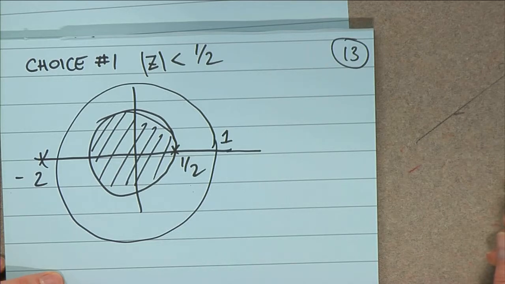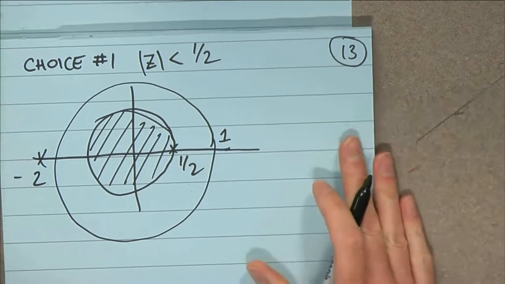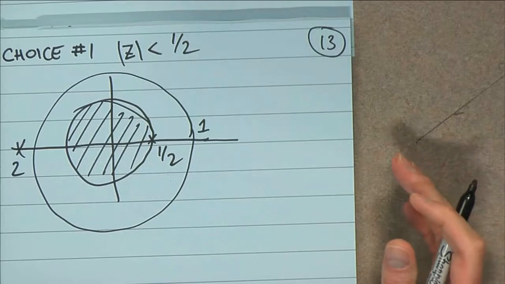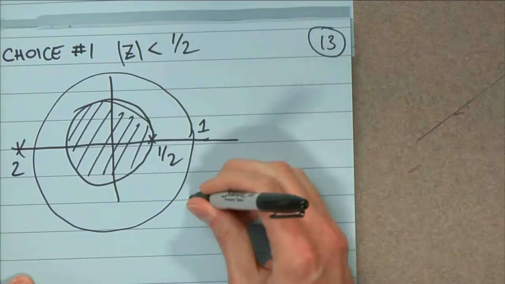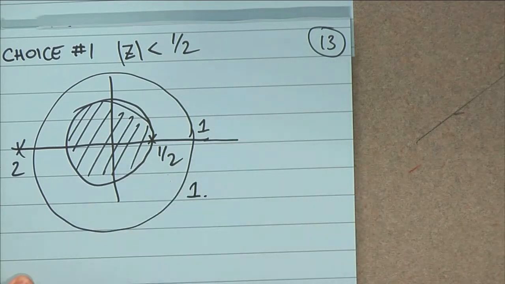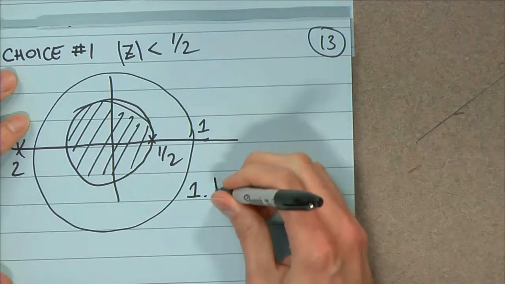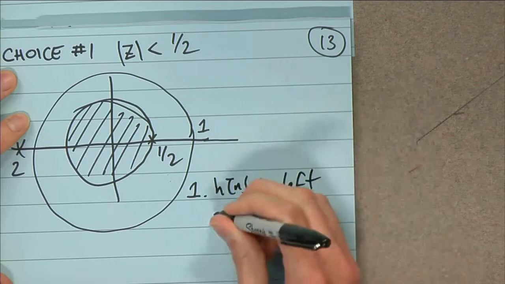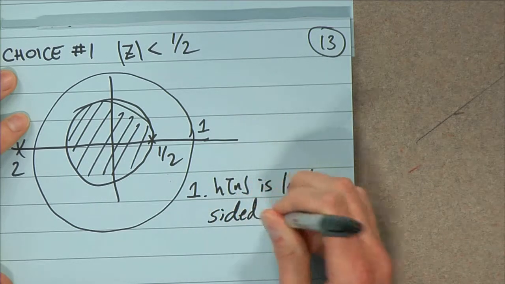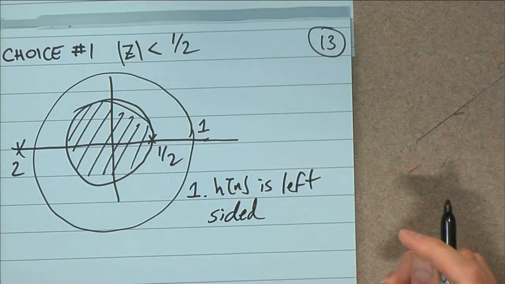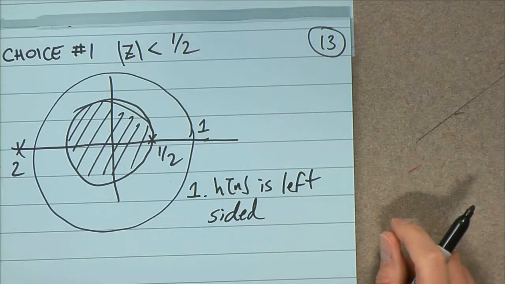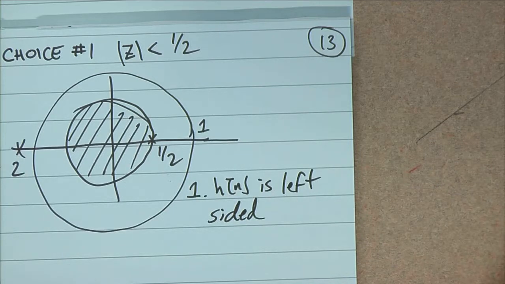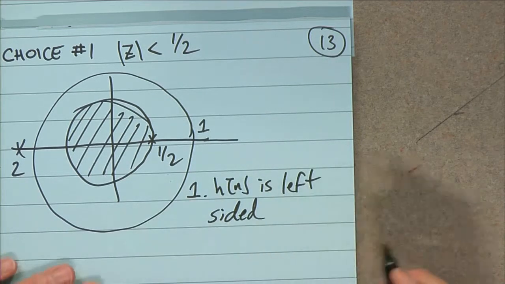So what does this tell us about the system, if this is h[n]? Well, first of all, since it's that form, h[n] is left-sided. Which almost seems like no new information, except what does that mean if the impulse response has values less than 0? That has an important implication.